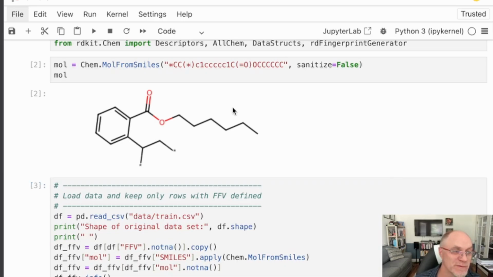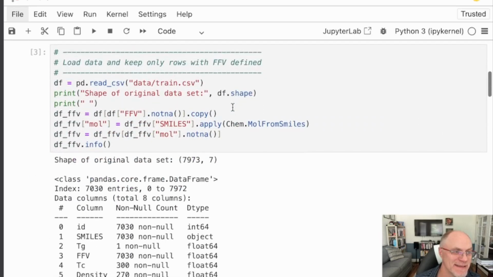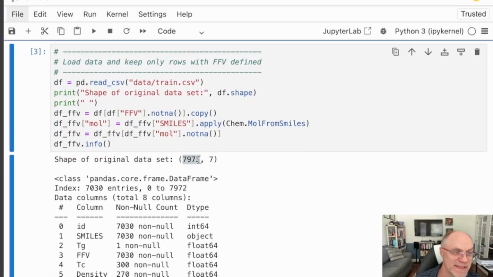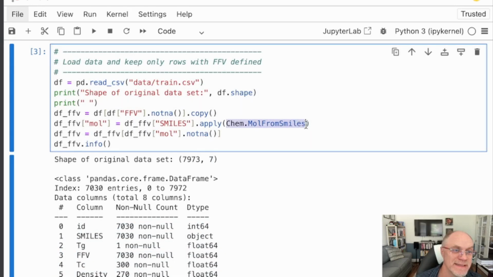So first, we're going to read in our data. And there's actually almost 8,000 samples, and we have 7 attributes. These first 7, I should say, are the data that we read in from the training file. And then what we've done is we've used this library to parse this SMILES data, and that gives us an object back which holds all of that information in a Python object, and we can do more with it.